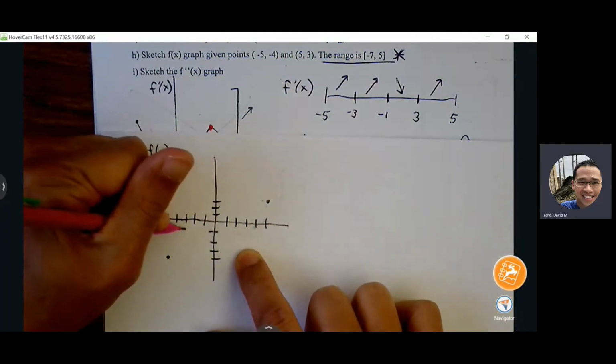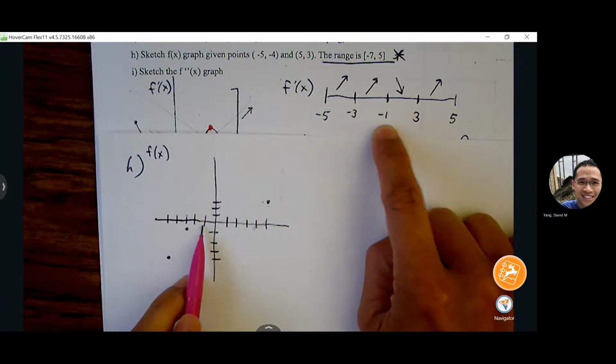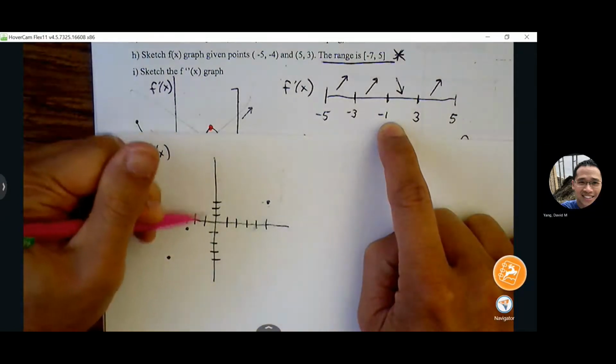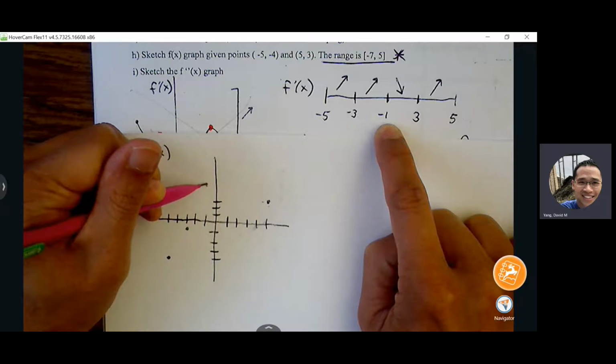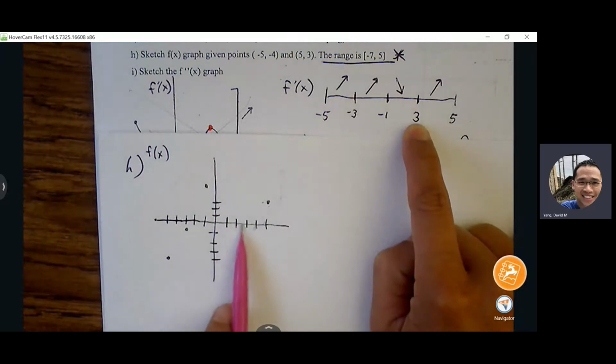So -3, maybe I'll target a point that is along my path. I'm expecting what at -1? The relative what? The max, right? So I want a point maybe a little bit higher than the others. And I'm expecting a relative min at 3.